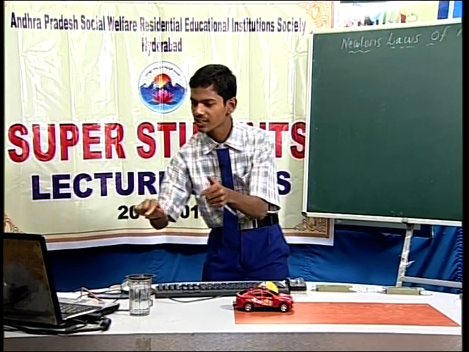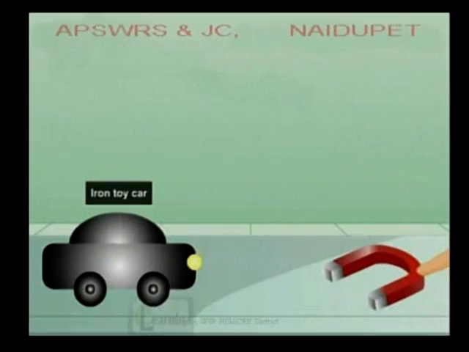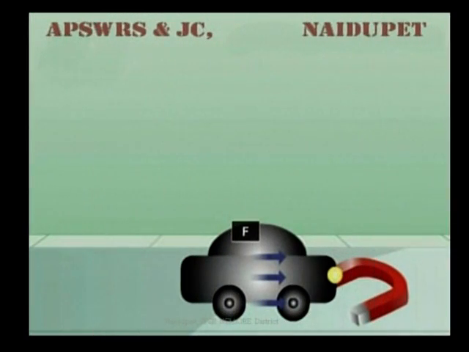When an iron toy car is placed near the magnet, it starts moving forward towards the magnet. That means change in velocity has taken place. Then one more example.